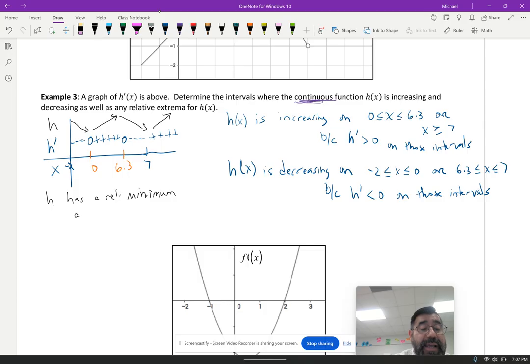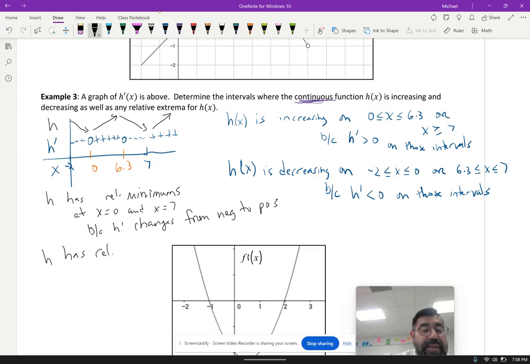H has relative minimums at x equals 0 and x equals 7 because h prime changes from negative to positive, and h has a relative maximum at x equals 6.3 because h prime changes from positive to negative.